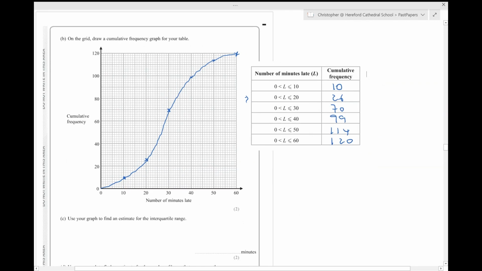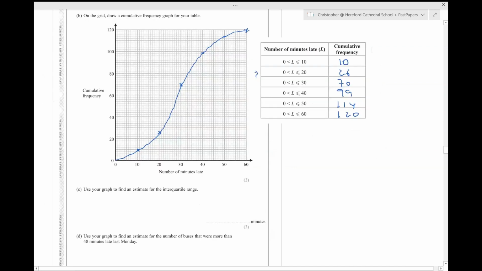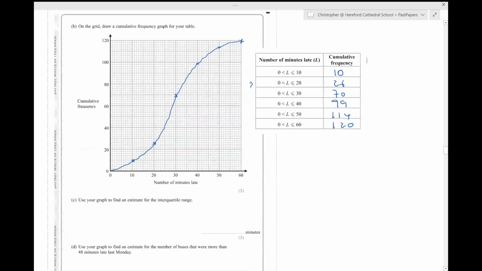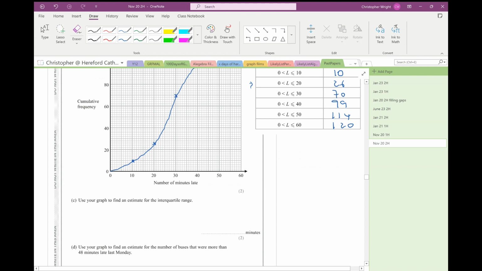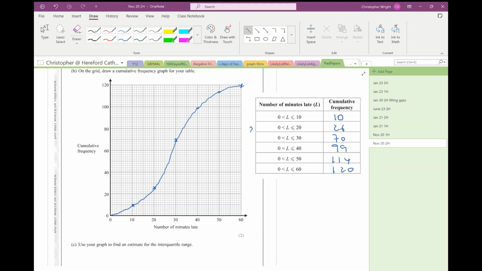Okay, use your graph to find an estimate of the interquartile range. Now, I'm just going to use a ruler for a moment. Right. So, finding the interquartile range. Well, there are 120 buses, aren't there?